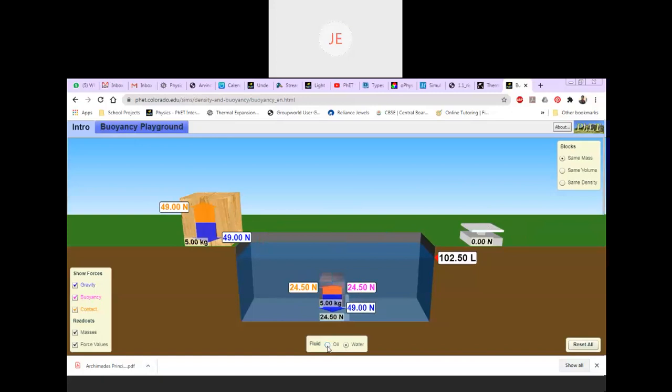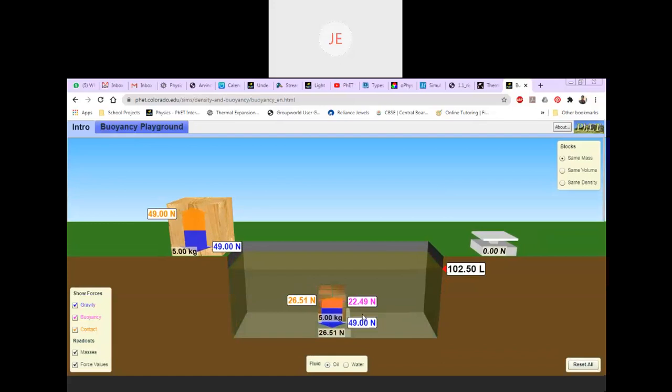If I make the liquid oil, then you can see the upthrust force is 22.49 Newton. So if the density is less, the upthrust force is less. So it depends on the density. Upthrust force is directly proportional to the density of the liquid.